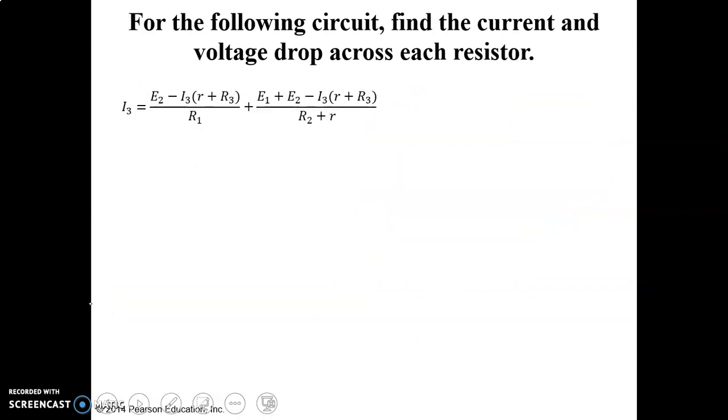So now it's a matter of solving for I3. Okay, so here's how that works. We're going to simplify this equation to look like this. We're going to separate all the terms so that we only have individual terms, not multiple terms all combined over a single denominator.